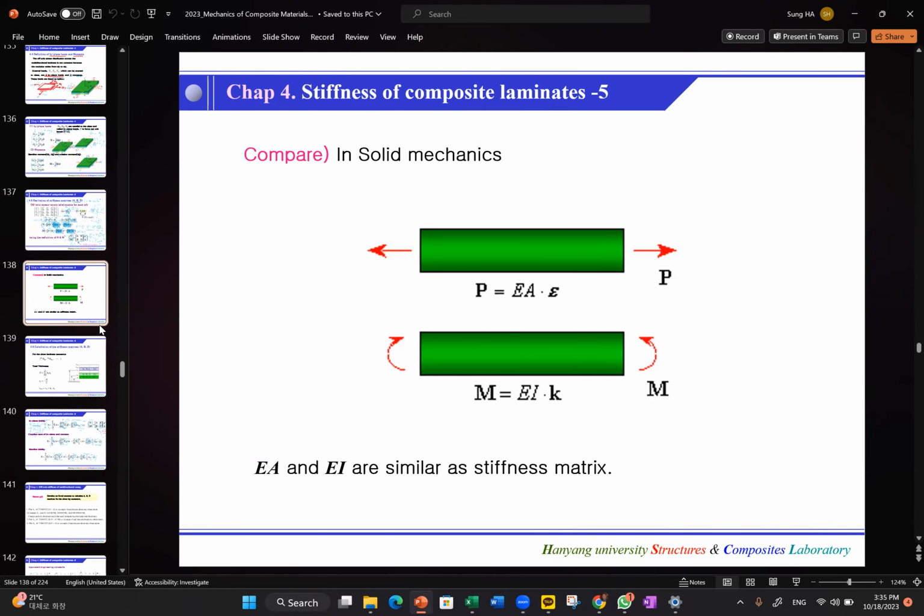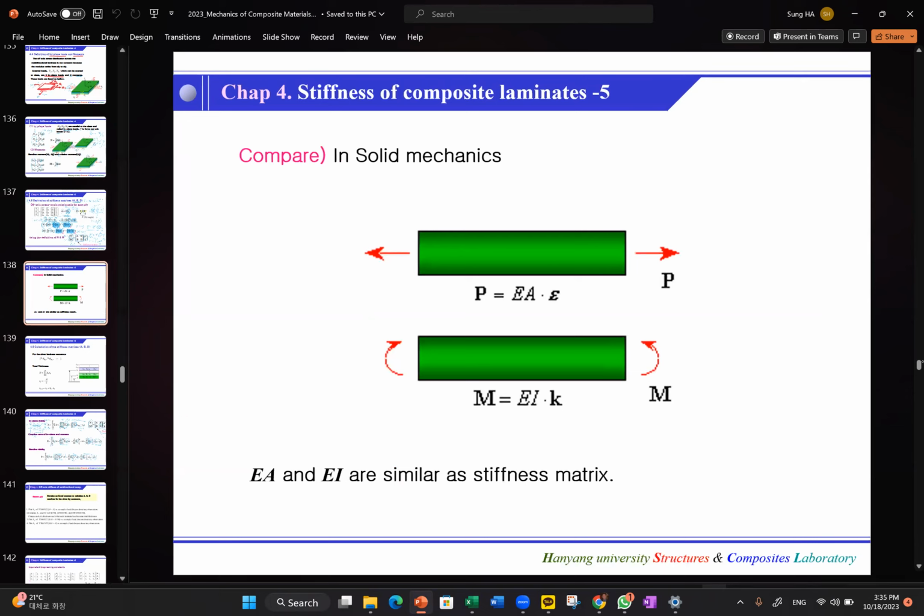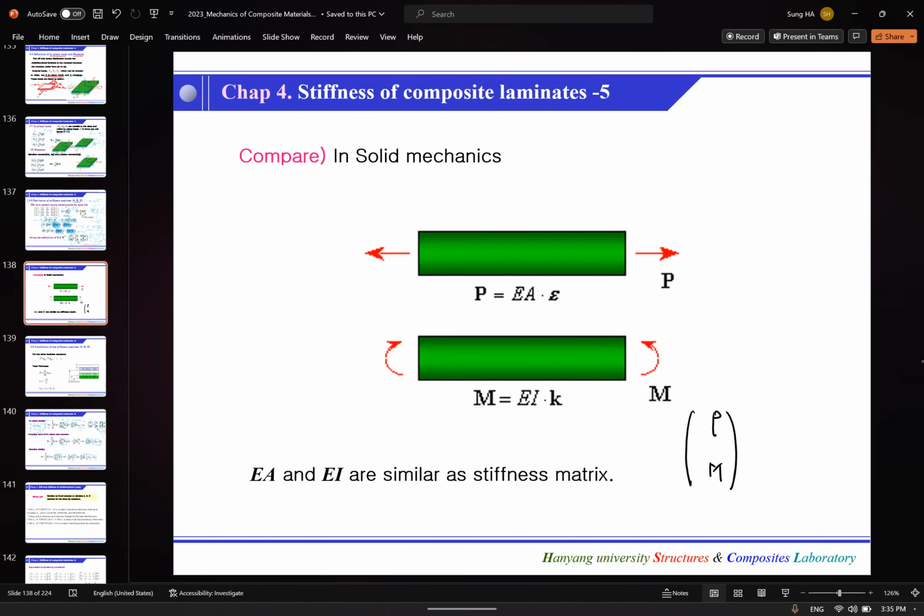So in this case, we can say P and M equal EA, 0, and EI times epsilon and curvature.